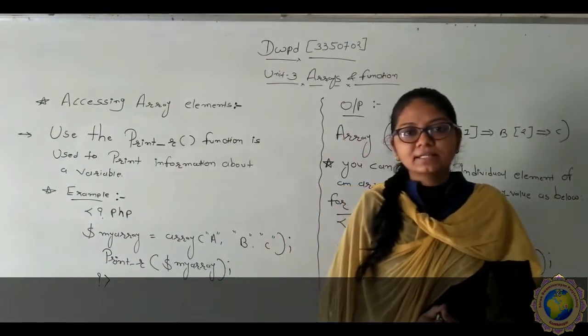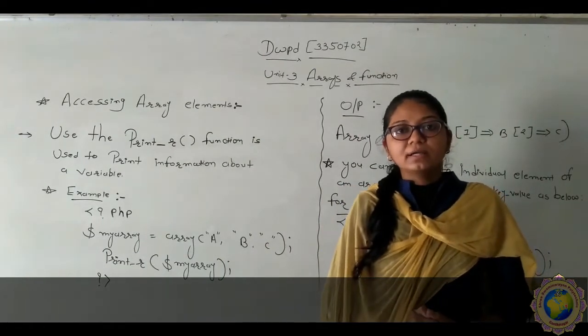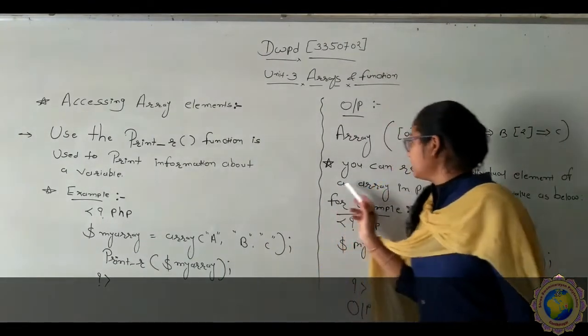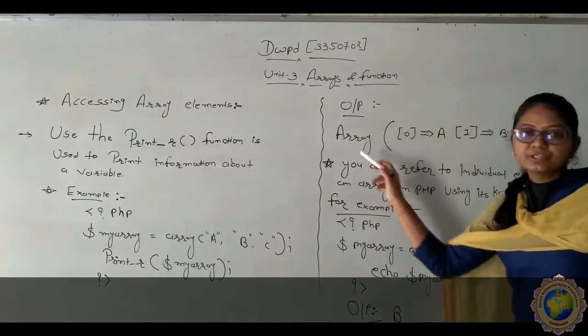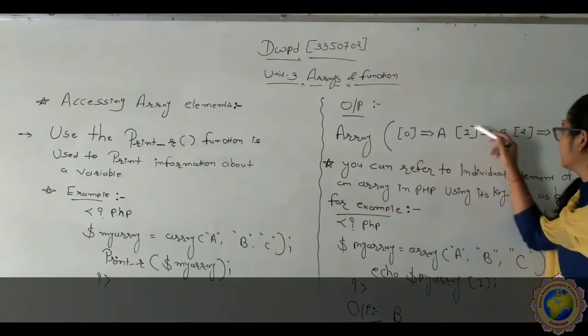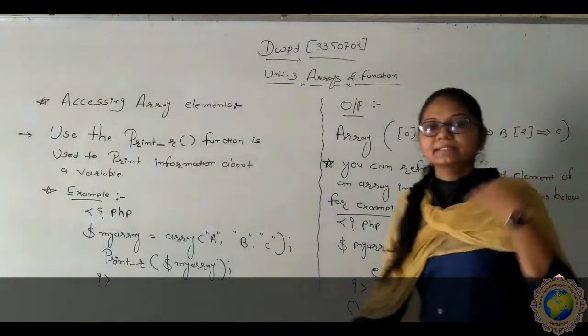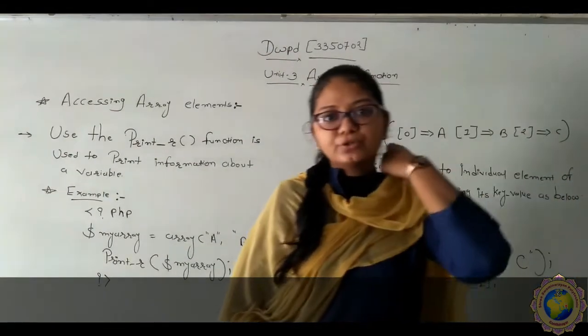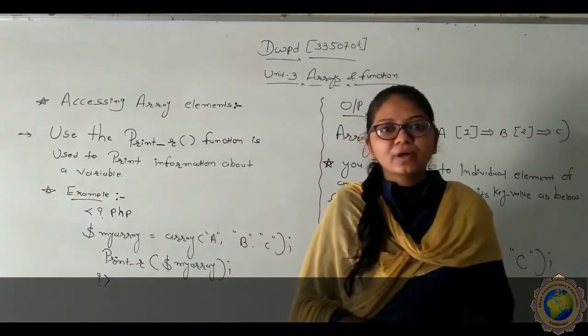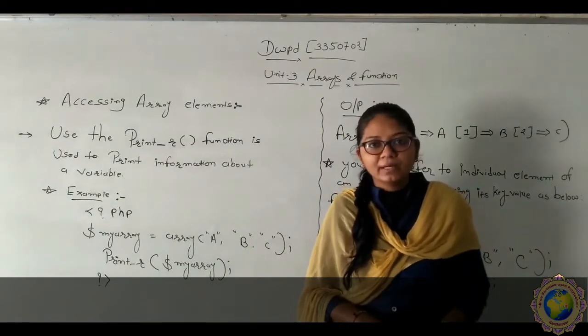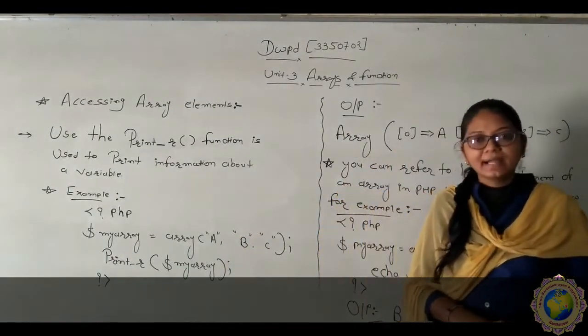Why is it known as a numeric array? Because in an index array we declare the array using a numeric digit. This numeric digit is known as the index size of the variable, so it is known as an index array as well as a numeric array.